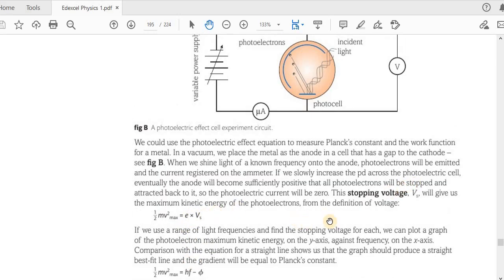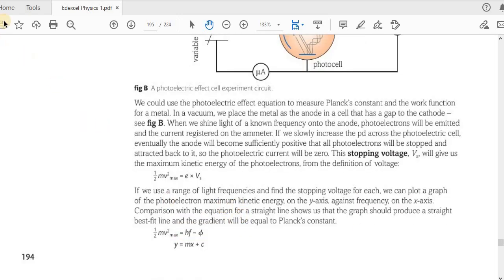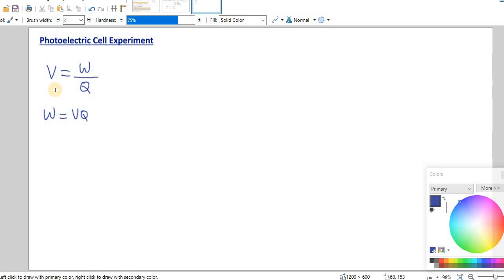Now when you learn the definition of voltage, you learn V equals W over Q. So that is what we are using here. I can also write it and show you. This is what you have learned in the O-level class. The power supplies push the electrons around the circuit. Battery, dynamo, generator, they all push the electrons around the circuit, so they are supplying energy to the electrons.